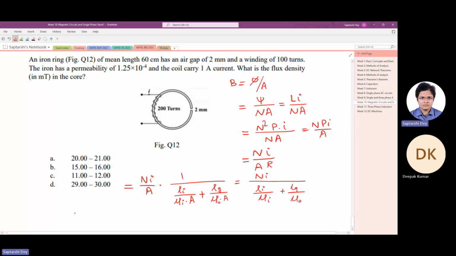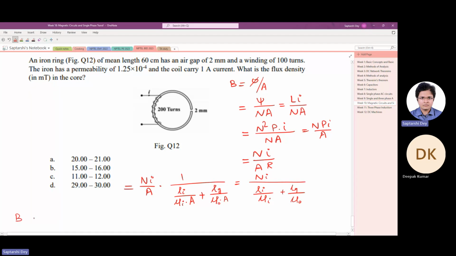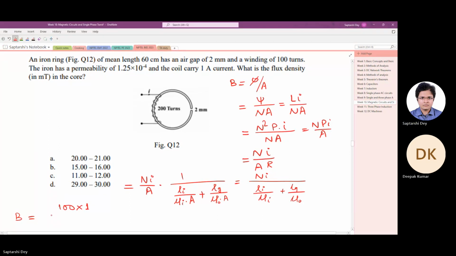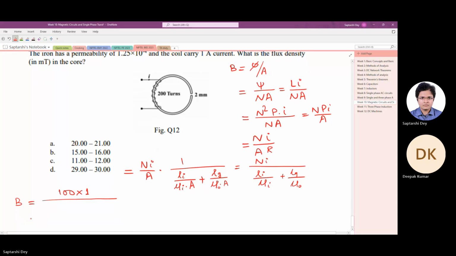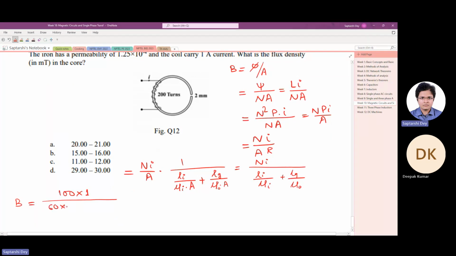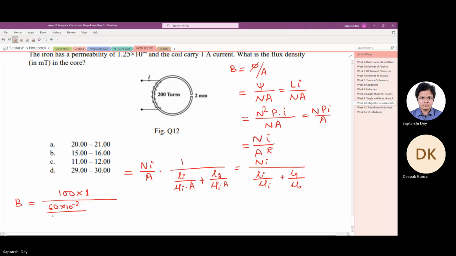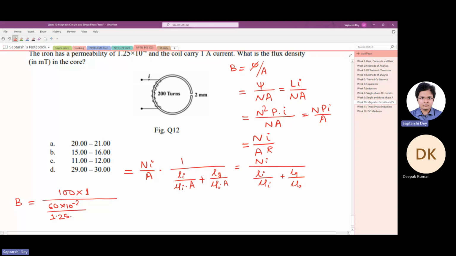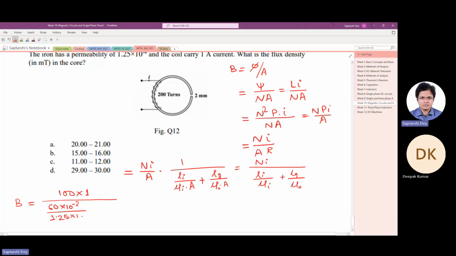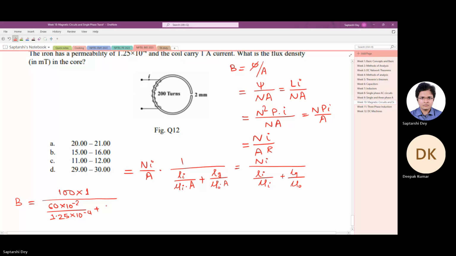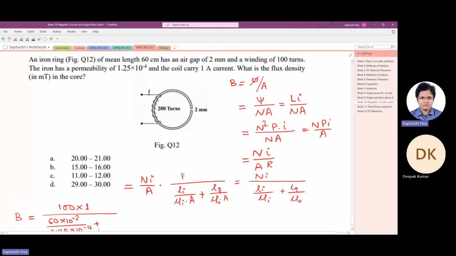So now if you put the values, B becomes N is 100, I is 1, Li is 60 centimeter. So I have to write in SI by 1.25 10 to the power minus 4. They did not give any unit. Maybe it's SI, looks like that. The 10 to the power minus 4 gives me a hint that it's in SI, that order. Plus Lg, it's 2 millimeter.